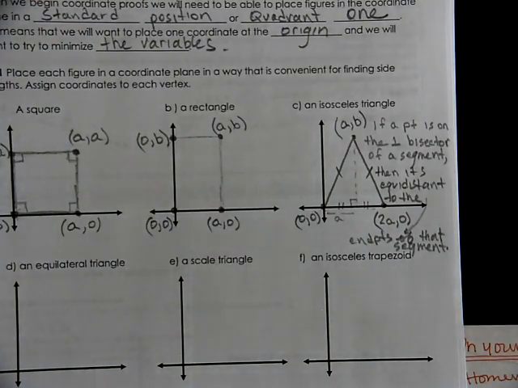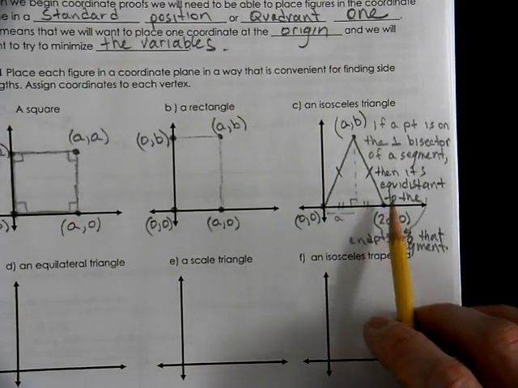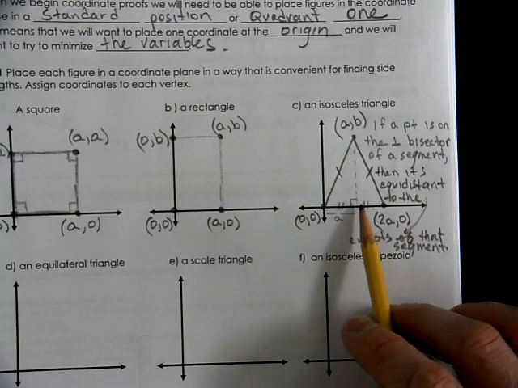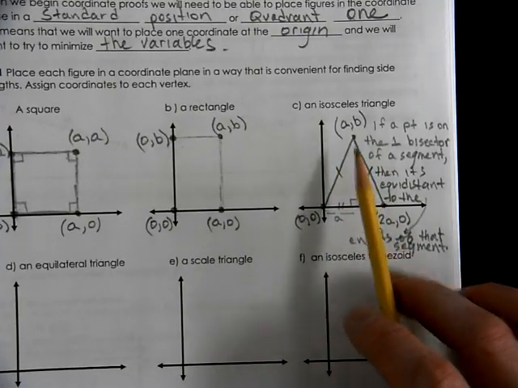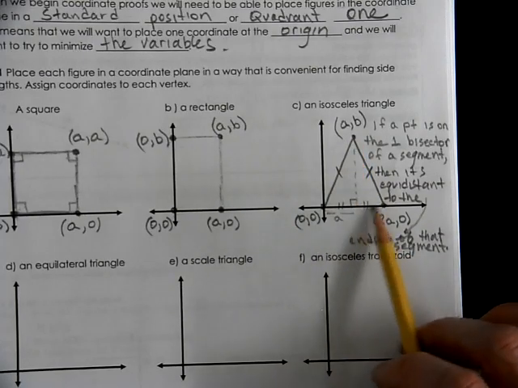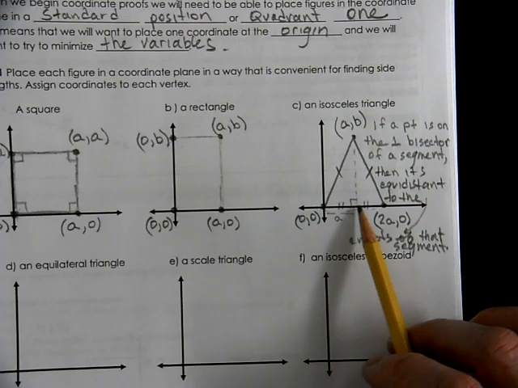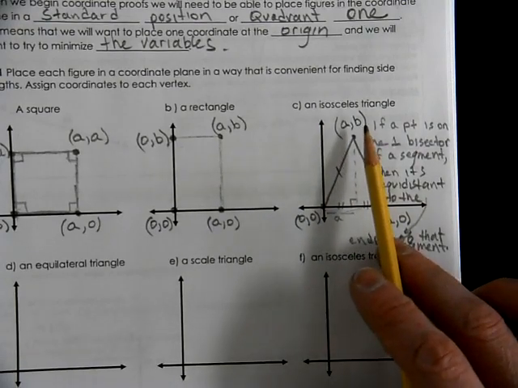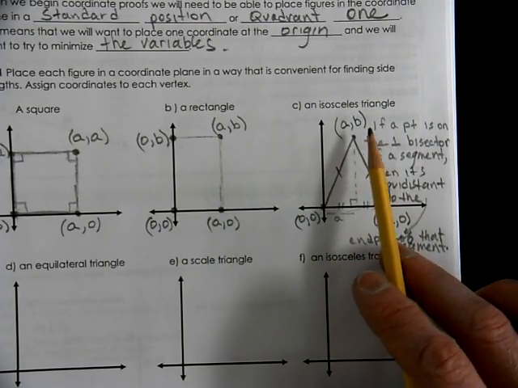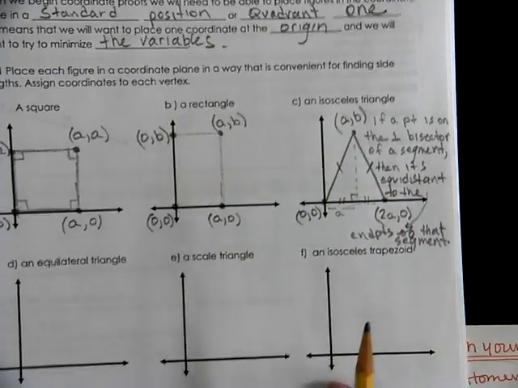Okay, so this would be our standard position of an isosceles triangle. We're over an amount that we can easily take half of, because this vertex is going to be, the x value is half this length, and it's up any amount we need it to be. Doesn't have to be at a certain location related to the a.